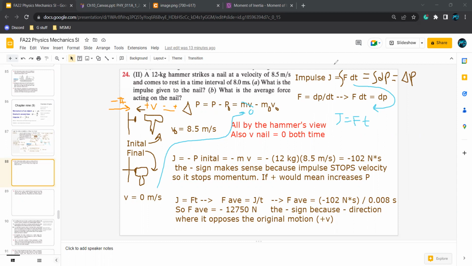Let me just make a few notes on this little stuff. This is newtons per meter squared because it results in kilograms meters over seconds, which is the same as newtons times seconds, because newtons is kilograms meters over second squared, right?